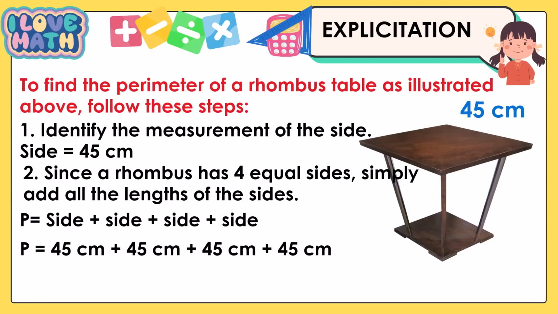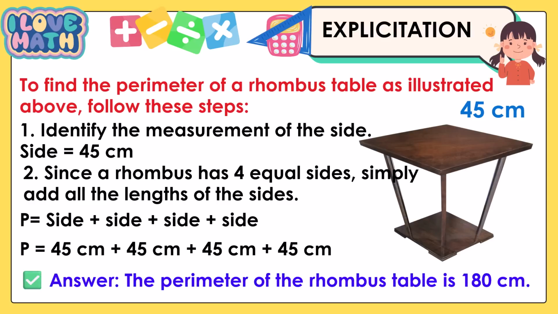P is equal to 45 centimeters plus 45 centimeters plus 45 centimeters plus 45 centimeters. The answer is, the perimeter of the rhombus table is 180 centimeters.